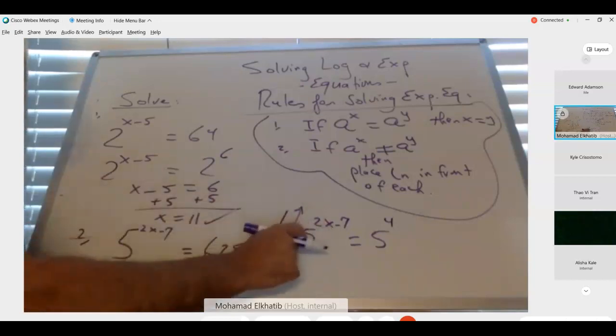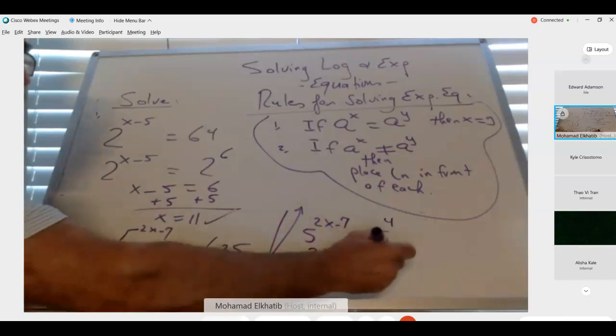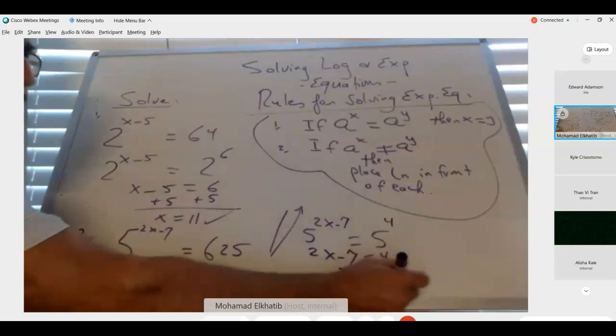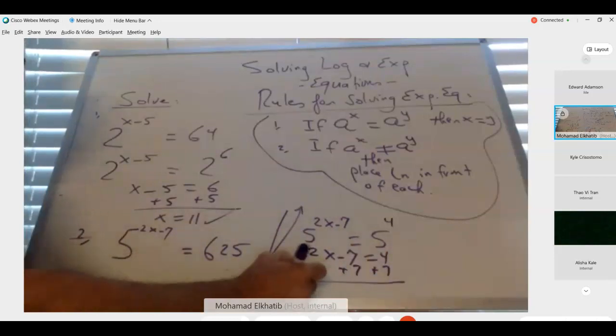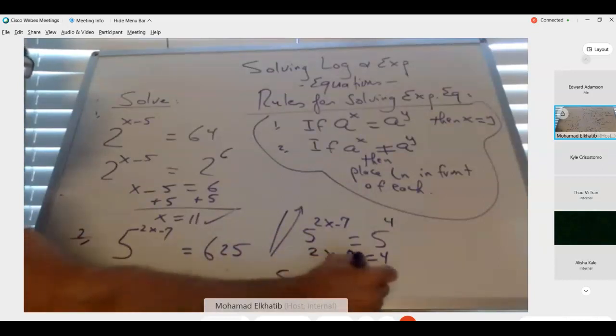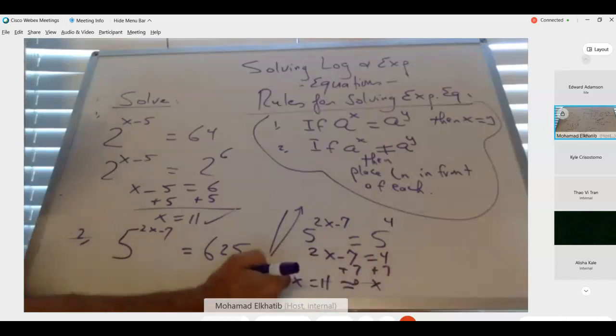Now that these numbers are the same, I make the exponents equal to each other. And of course, I just add 7 to both sides. 2x is 11.